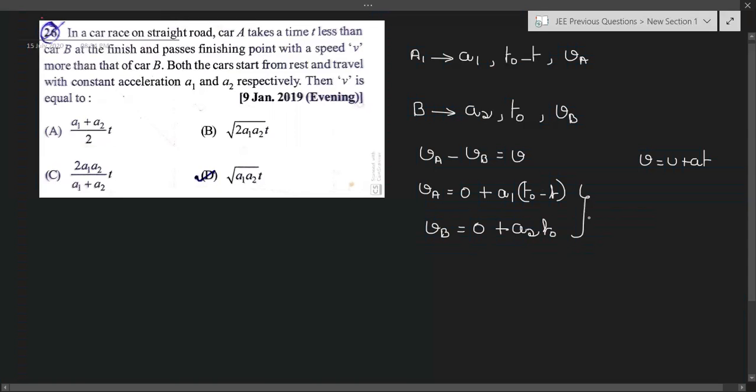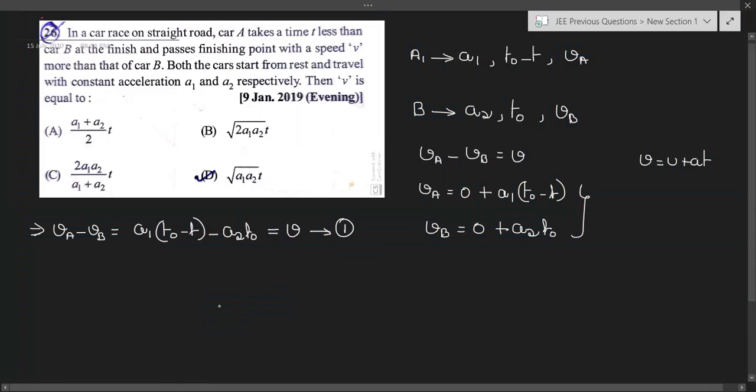So from these two we can write VA minus VB is equal to a1 into (t naught minus t) minus a2 into t naught. This is VA minus VB, which is equal to V. Let's take this as equation 1.